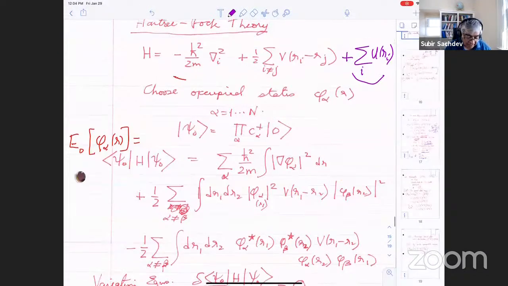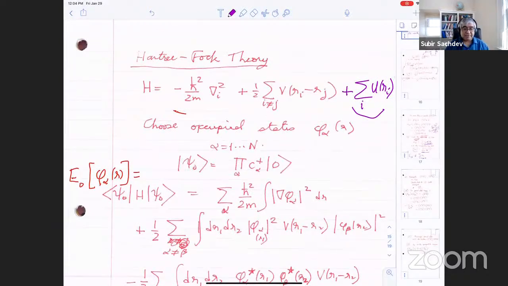Okay, so we're now talking about Hartree-Fock theory. So I'm just going to finish the basic setup, and then we'll apply it and do a calculation of the basic properties of electrons in metals. All right, so at its heart, the Hartree-Fock theory is just a variational calculation where you have some many particle system with some interaction between the particles, V, and you can also imagine some external potential U. So typically in condensed matter atomic physics, the external potential is from nuclei, which are assumed to be stationary.